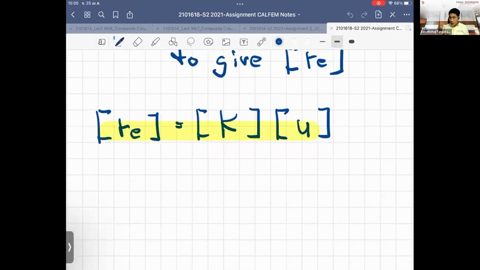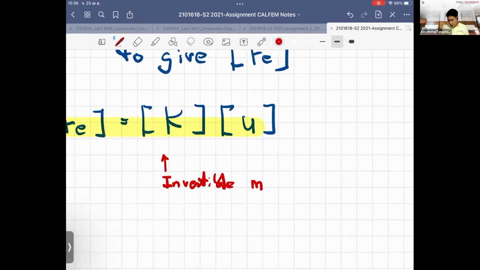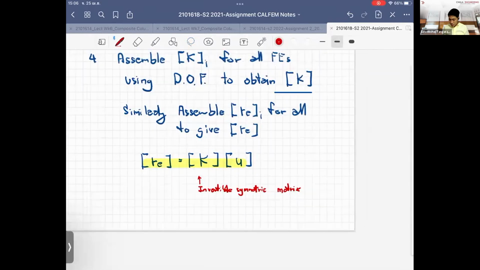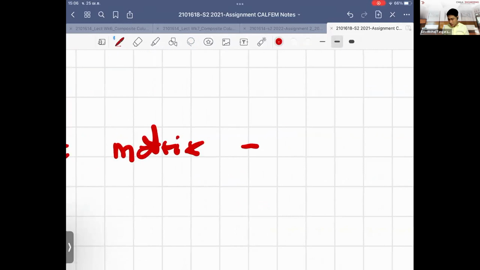If the K matrix can be invertible, if you have an invertible matrix, which of course has to be a symmetric matrix, always symmetric, then the matrix or the structure that you're looking at is stable.